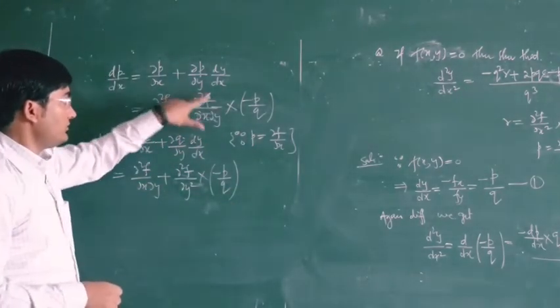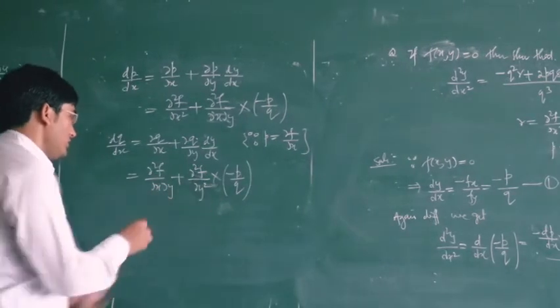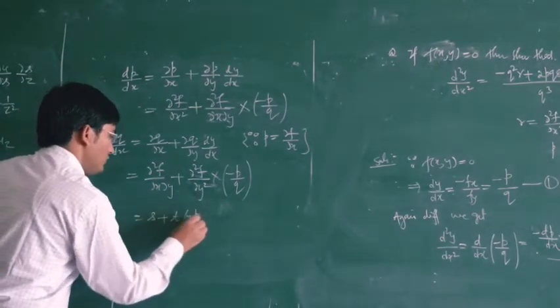So we can write it as s plus t into minus p upon q.